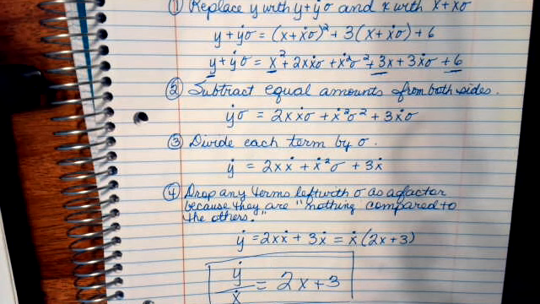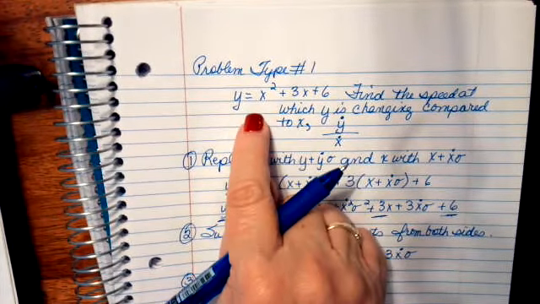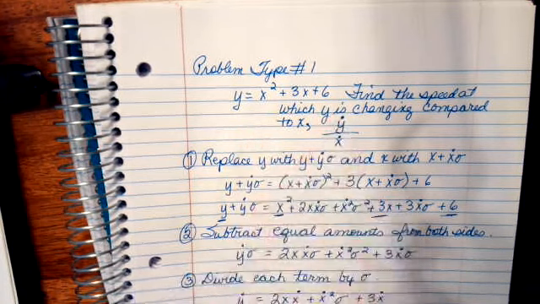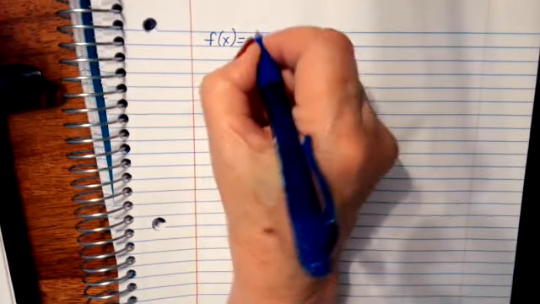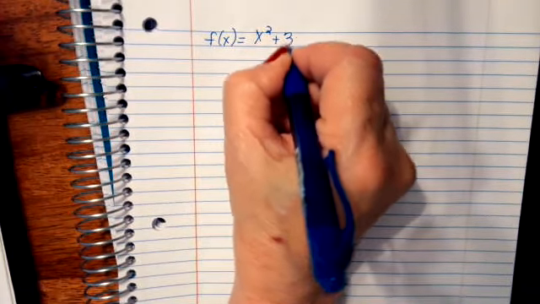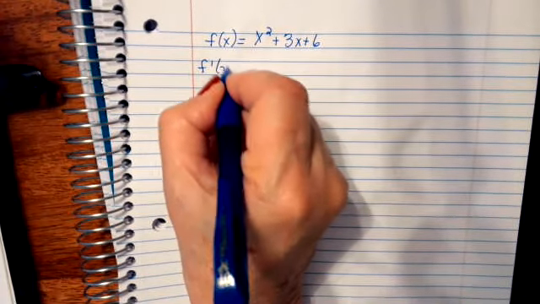And I'll be darned if it doesn't work, because we know that the derivative of this function, y prime, would be 2x plus 3. All right, now let's get that derivative though, using the definition of a derivative. Just humor me here for a second. Here's our function. Here's the definition of f prime of x.